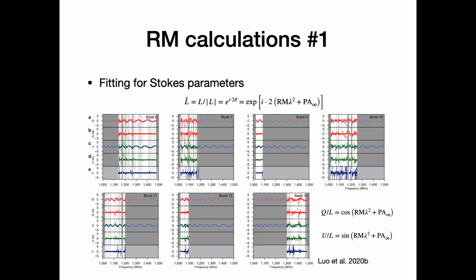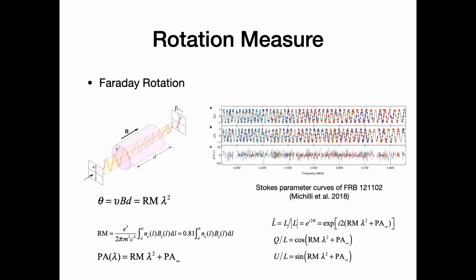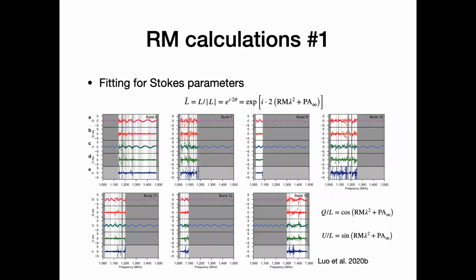And for the RM calculation, basically we carry out a similar thing to the first repeater paper. We do Q and U fitting using Bayesian inference. We build the likelihood function and run it to get the posterior of the RM value.